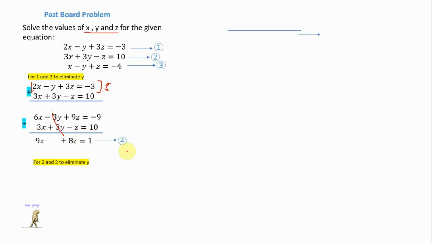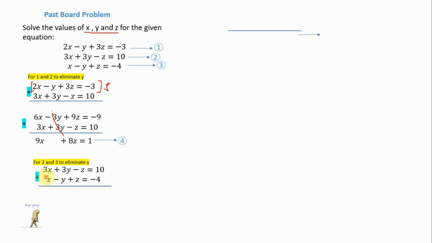Then next, after that, we continue by simplifying the equation 2 and 3 in order for us to eliminate the value of y once more. So as we can see, we just put here our equations, and as we can observe, we cannot cancel our y yet.